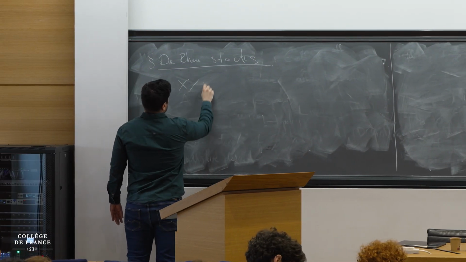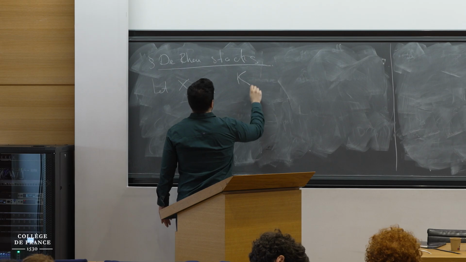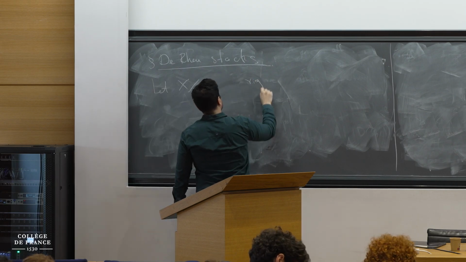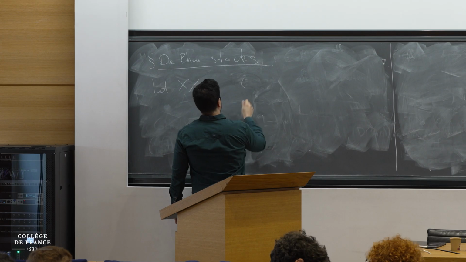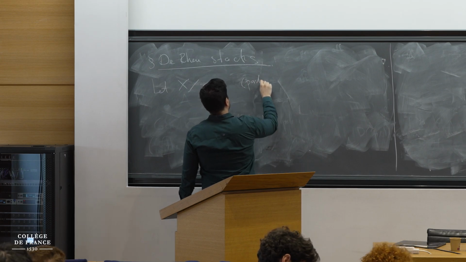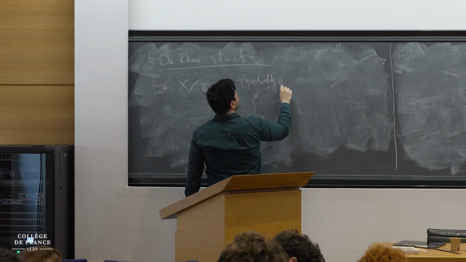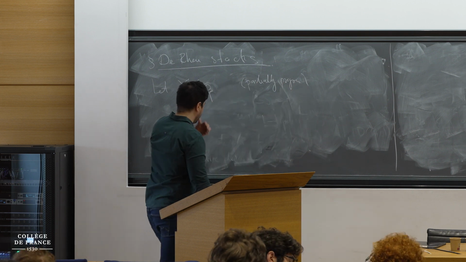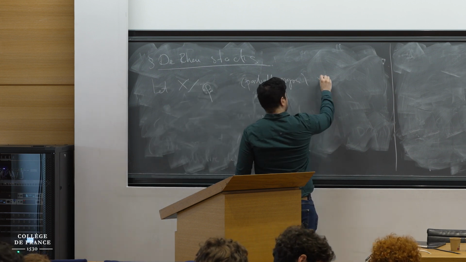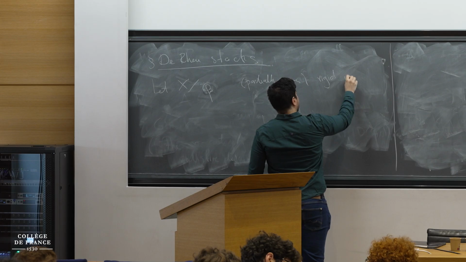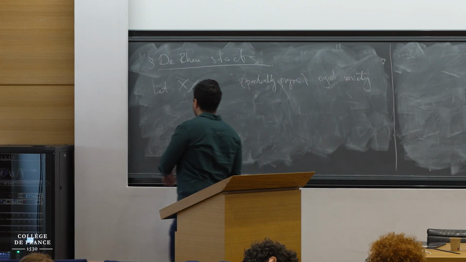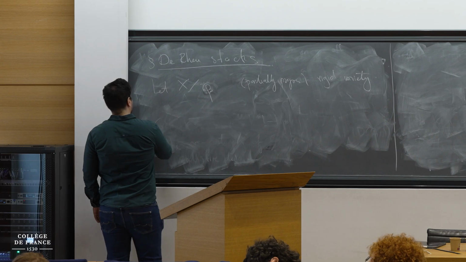And let me just take Q_p. Some rigid variety. Again, partially proper. And in all of the following we are always going to assume things are partially proper. Then we define its de Rham stack.